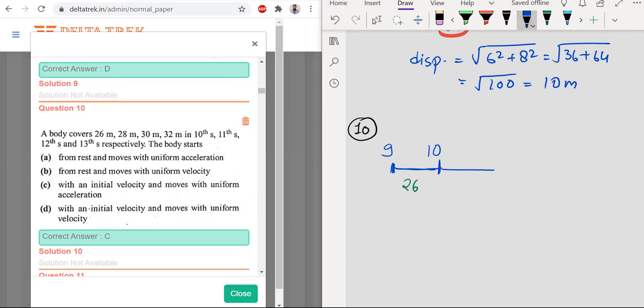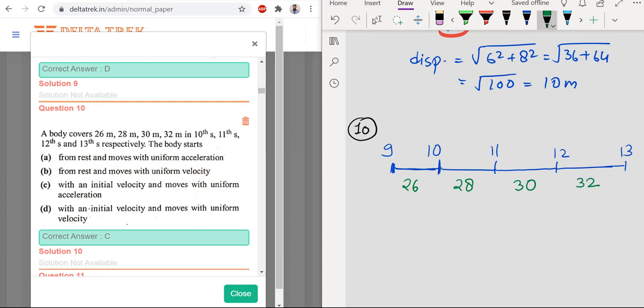Now what happens in the next, let's say till 11, how much did it cover? It covered 28. Now in the next 1 second it covered 30. Now in the next 1 second it covered 32.